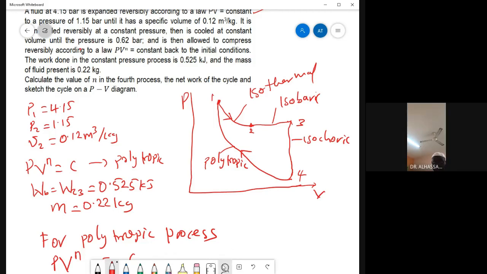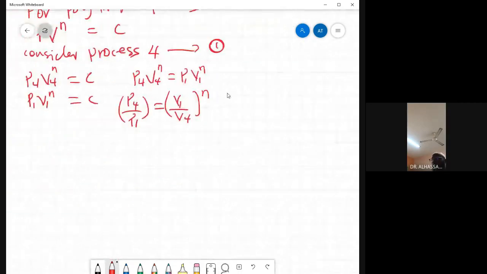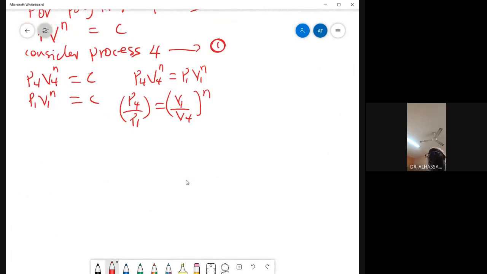For an isothermal process, process 1 to 2, now we want to find V1.